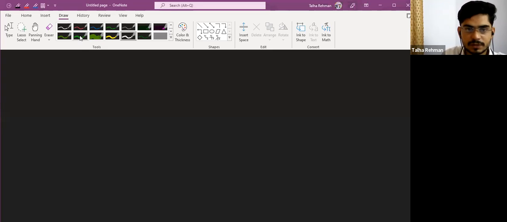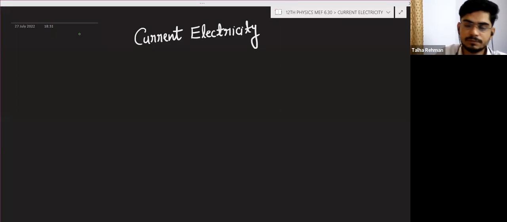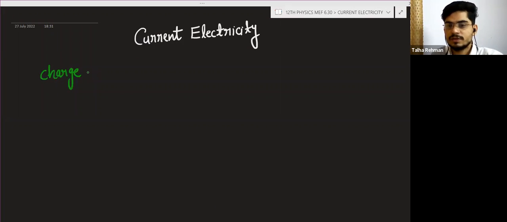In current electricity, we will study about the current. We know that charge is a physical quantity, the property of matter, which we have discussed.